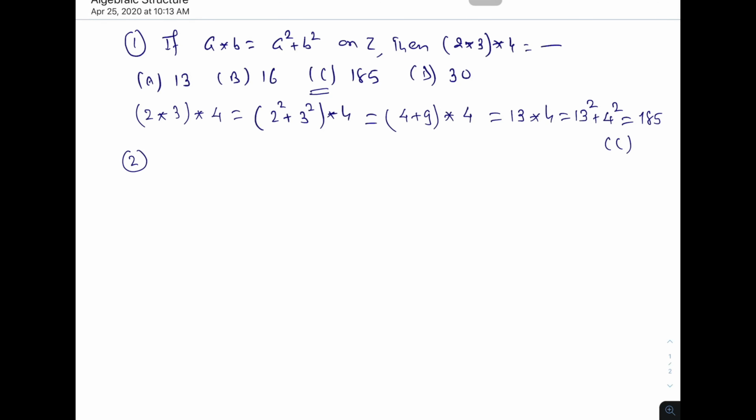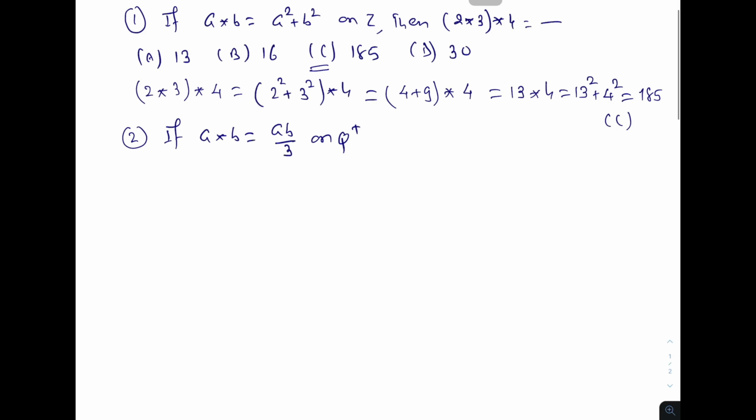Let us take one similar example. If a star b equals ab by 3 on Q plus, that means positive rational numbers, then 3 star 1 by 5 star 1 by 2 is blank.